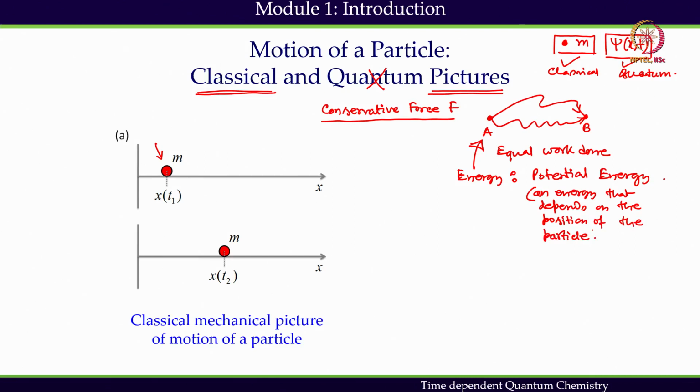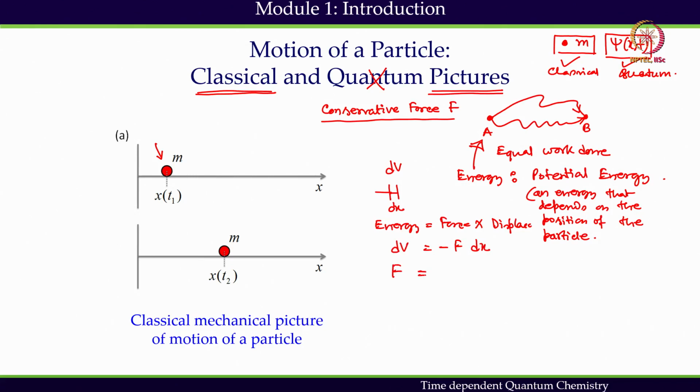So now if I consider an infinitesimal change in position, let us say dx, and if the potential energy change is dV, then under the conservative force one can write that energy is nothing but force multiplied by displacement, which is nothing but minus F dx. This energy is dV.